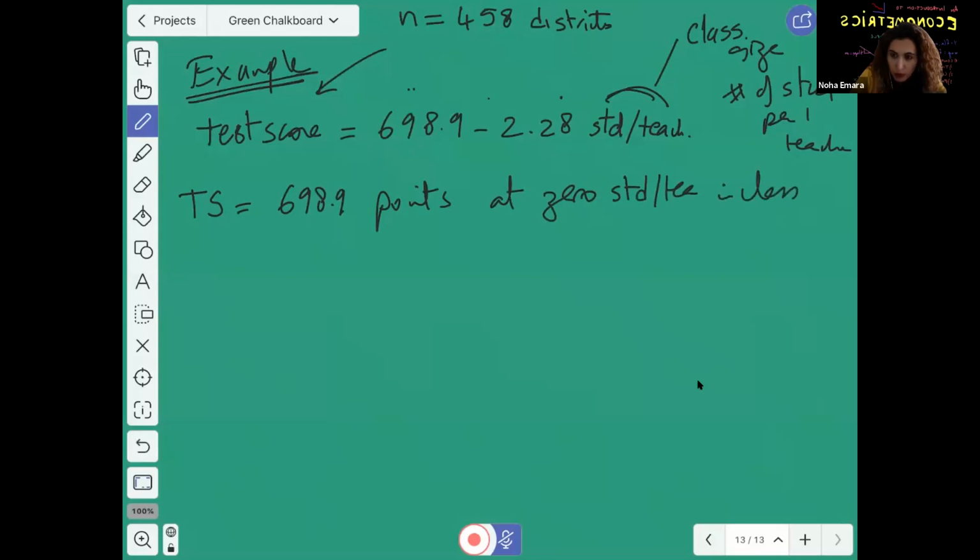And again, this is one of the examples in which the intercept doesn't make any sense, because how come if I have 0 students per teacher in class, I still have a test score output? So again, this one has a mathematical sense, no economic sense, right? But we analyze it.